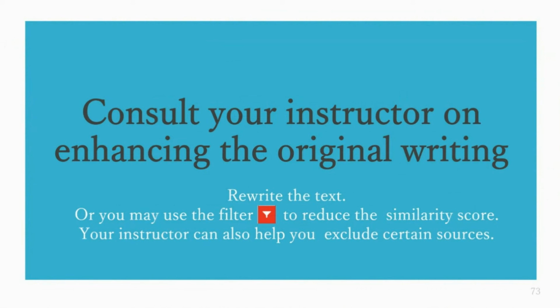They may help you to exclude certain sources that belong to the false positives. You can also use the filter tool to reduce the score, but please talk to your advisor or instructor about how to use it before you apply the tool.